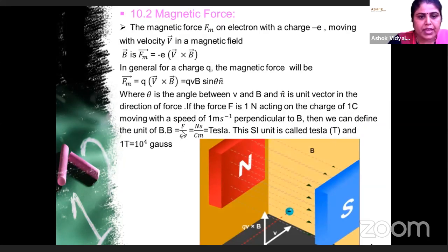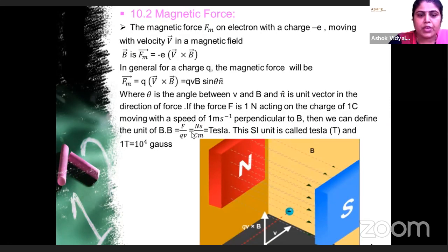Then we can define the unit of B. Rearranging the above equation, B is equal to F divided by Qv, where v is the velocity, Q is the charge, and F is the force. In terms of units, the force has the unit newton, and the velocity is meter per second.